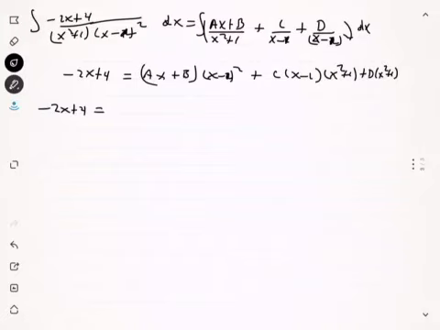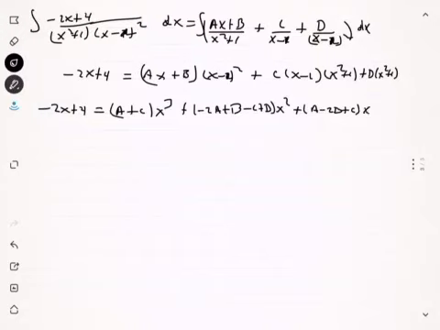details, but at the very end, when you expand the right hand side, you get a plus c times x cubed, plus minus 2a plus b minus c plus d times x squared, plus a minus 2b plus c, this is x, and then plus b minus c plus d.